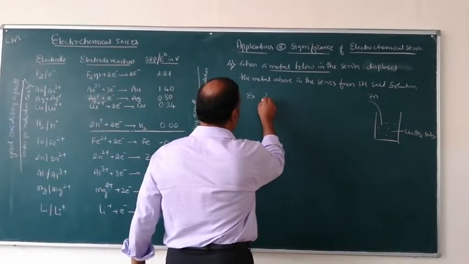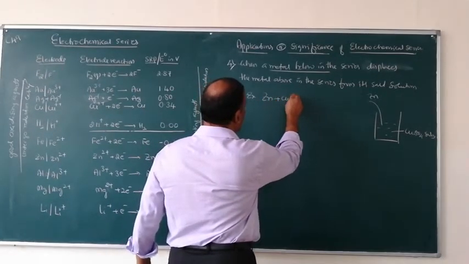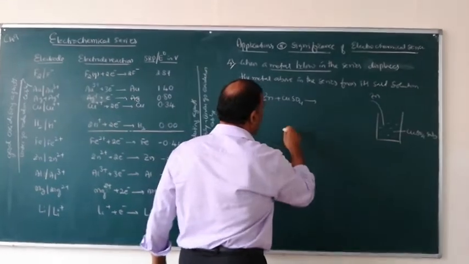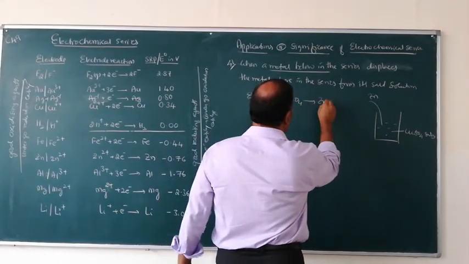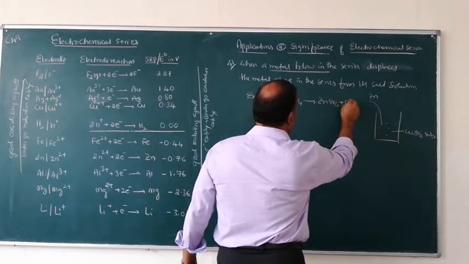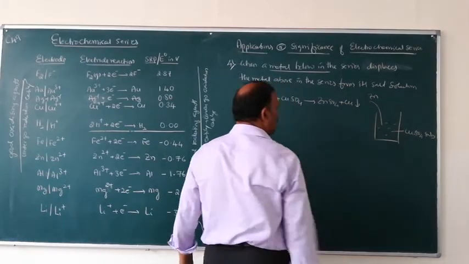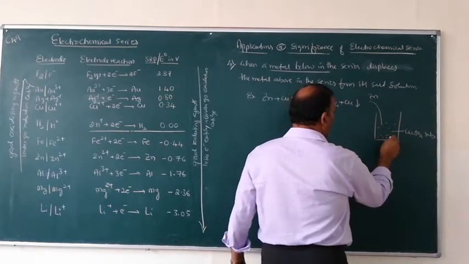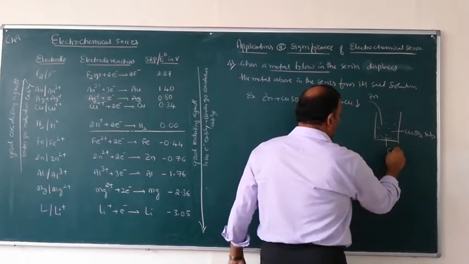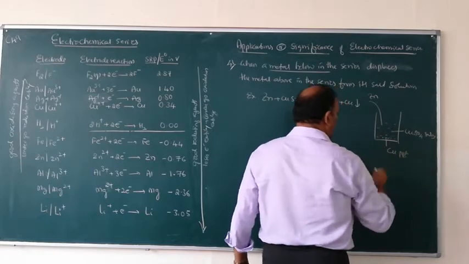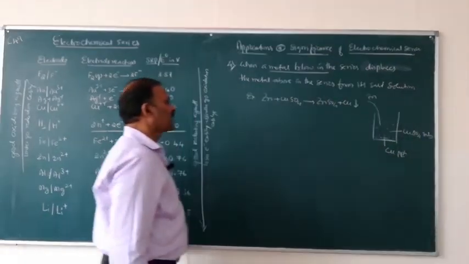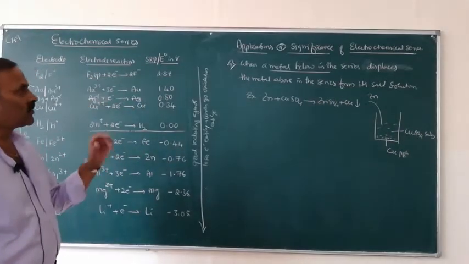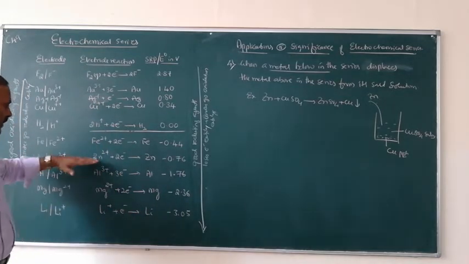Say for example, when zinc is added into copper sulfate solution, what happens? You will get zinc sulfate and copper comes out. Copper is precipitated, displaced. So this is the fourth application.